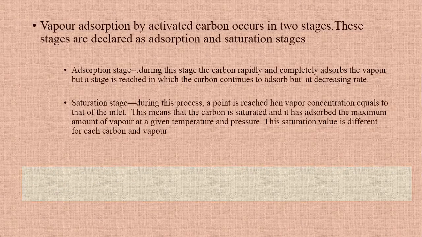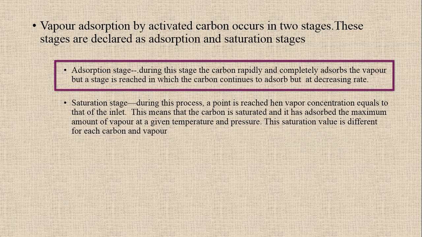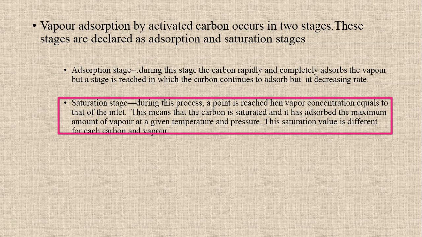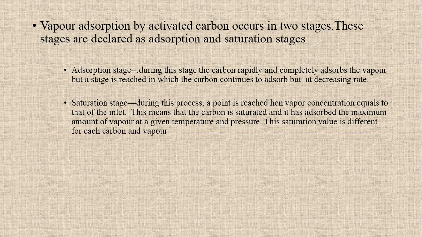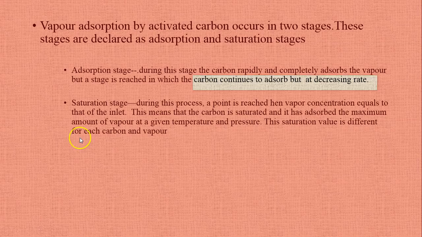So this vapor adsorption by activated carbon occurs in two stages. The two stages are the adsorption stage and the saturation stage. The adsorption stage is the stage where the carbon adsorbs the vapor actively. But a stage is reached in which the carbon continues to adsorb but at a decreasing rate.